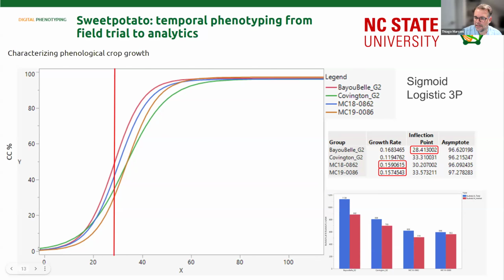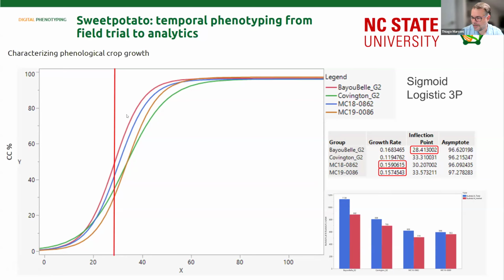And we can see that clearly here on our crop growth curves. Covington here is the green line, and we can see in the early stages that the vigor, or the canopy cover growth percentage per day, is not that high compared to Bay Bell or the MC180862, right?